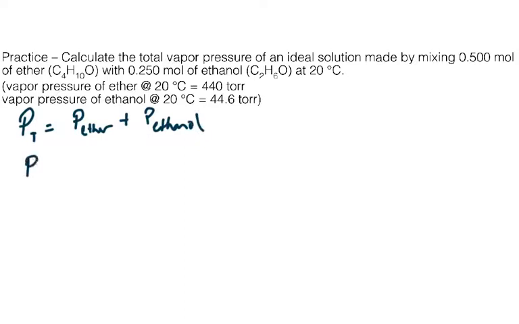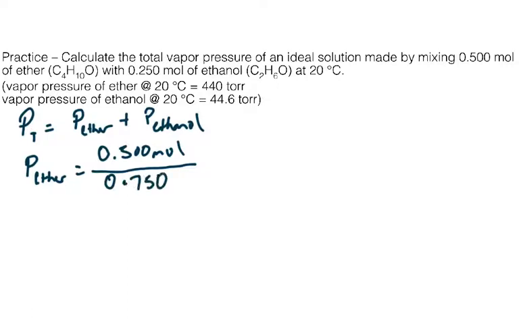Our vapor pressure of our ether is going to be our mole fraction of our ether, so 0.500 moles of ether divided by our total 0.500 plus 0.250, so that's going to be 0.750 moles total, times our normal vapor pressure of ether, 440 torr.